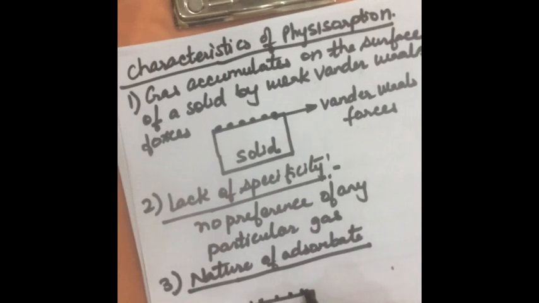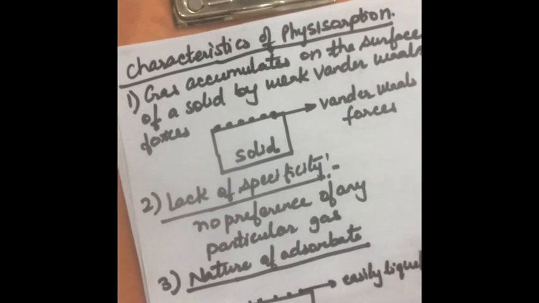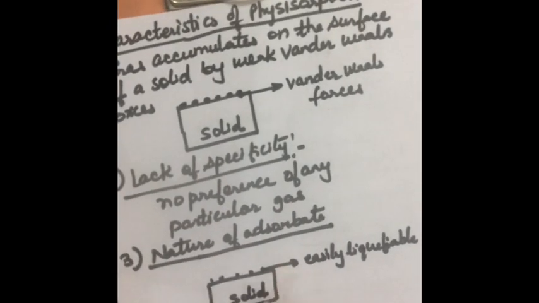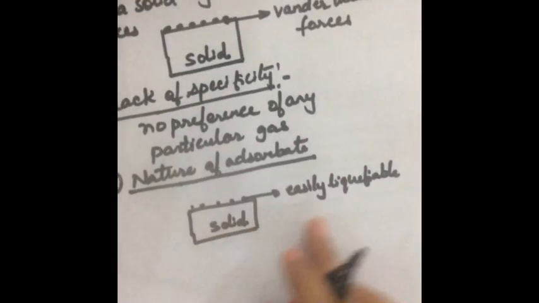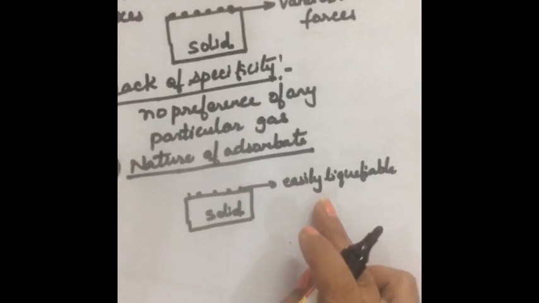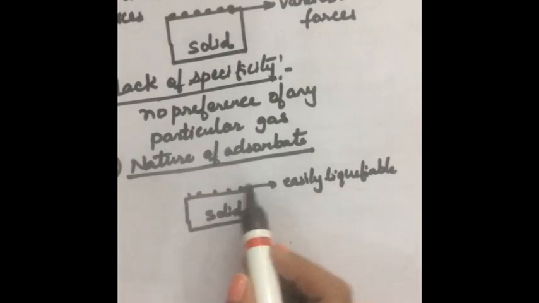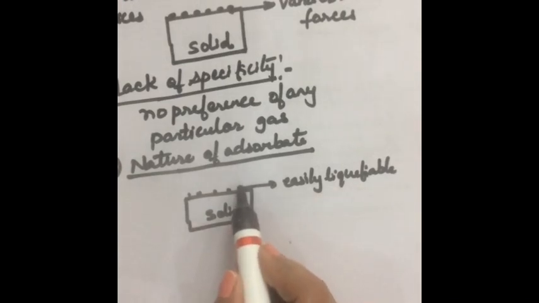If this gas is an easily liquefiable gas, then this gas will adsorb easily on the surface of this adsorbent. And easily liquefiable gases are those which have high critical temperature. That means there are strong forces between the gas and the solid.